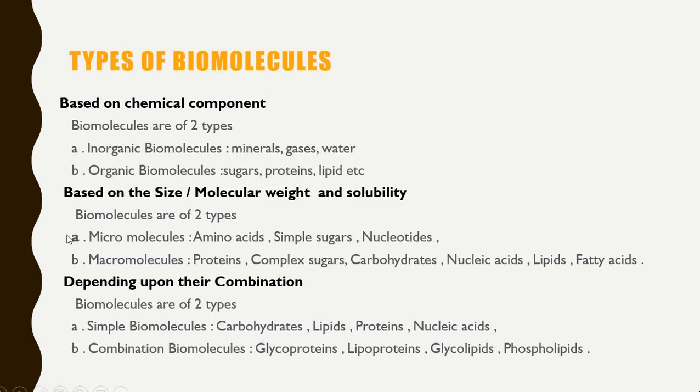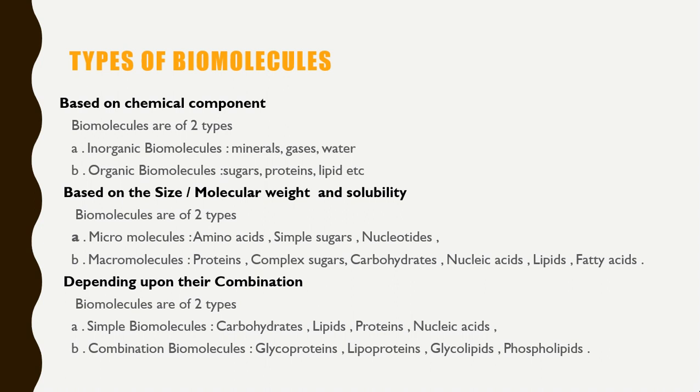Because of this, we classify them as micromolecules. Examples are simple sugars, nucleotides and amino acids. Then what are macromolecules? These are large sized and have a very complex structure.